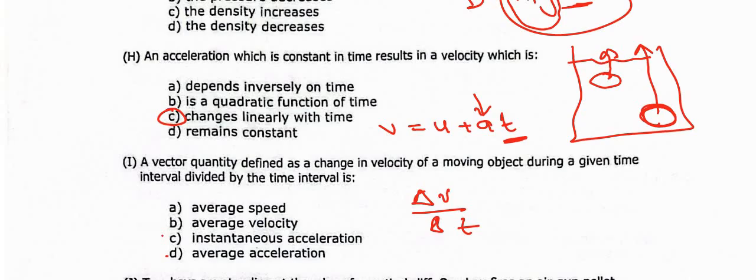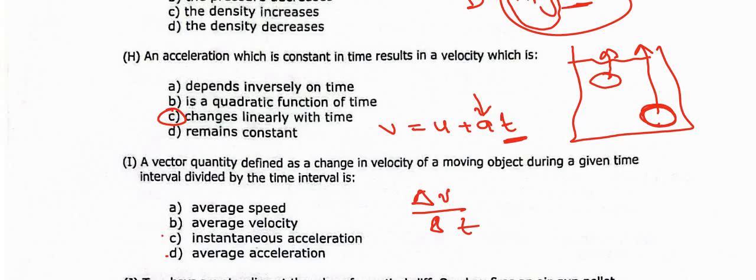So is it an average? Average what? Isn't it the average acceleration? Why average acceleration? Why not instant?